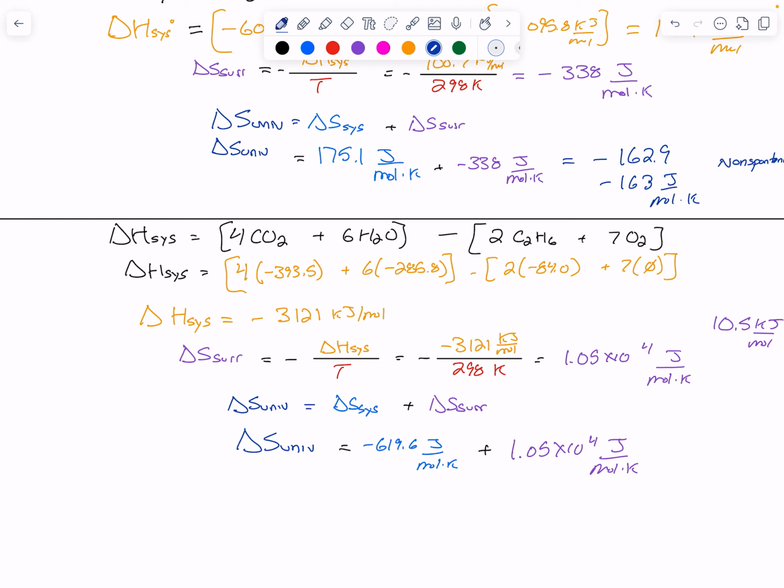For my universe calculation here, what I'm getting is 9.9 times 10 to the 3rd joules per mole Kelvin, which is positive, so I would get spontaneous.